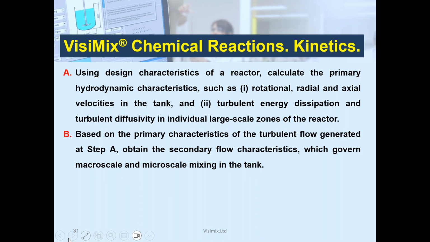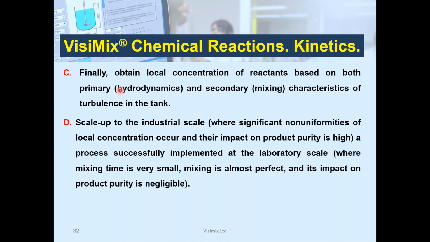This we are doing. And finally, we obtain the local concentrations of reactant based on both the hydrodynamics and the secondary mixing. And once we have a complete characterization of the concentration as a function of the time in batch, semi-batch, or continuous, we will be able to scale up, because once we know it, again, we know the flow in the tank and we know the results we will get with the chemistry.